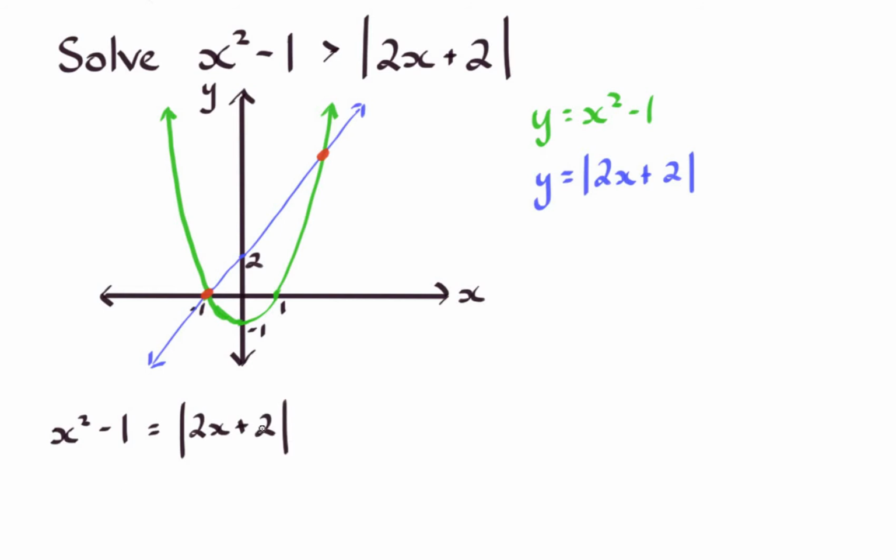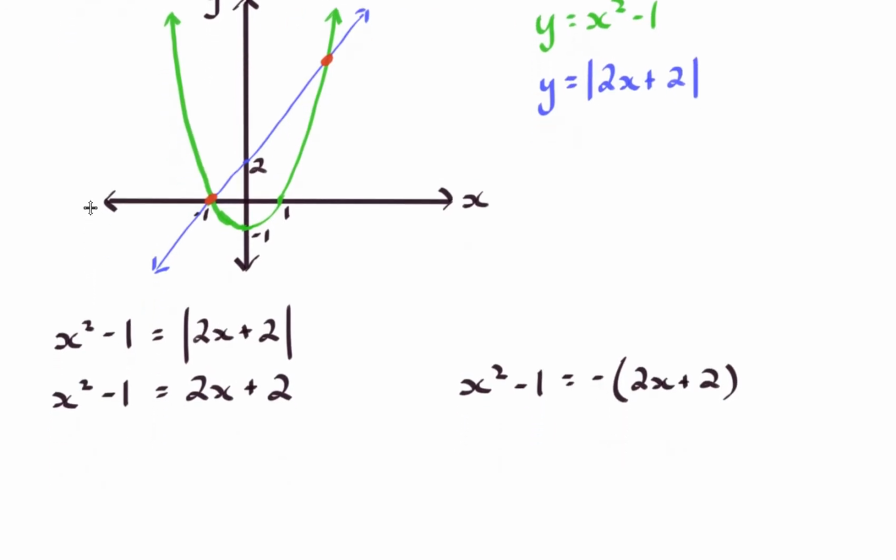Now what do we have to do when we're solving equations involving absolute values? Well, we need to consider the positive case, but we also need to consider the negative case, since the negative version of this just turns into a positive anyway due to the absolute value signs.